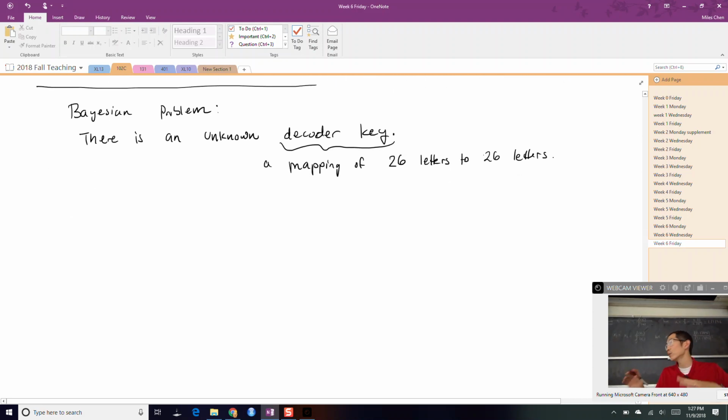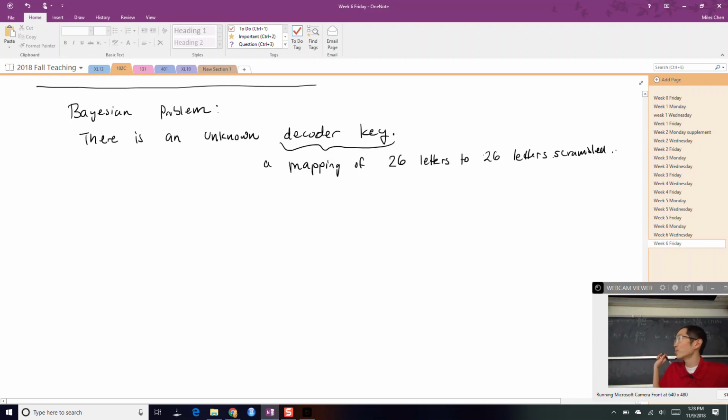So there's some unknown decoder key, and the decoder key is just a mapping of the letters A through Z to basically a scrambled version of A through Z, right? To 26 letters scrambled. And we just don't know what it is, okay?